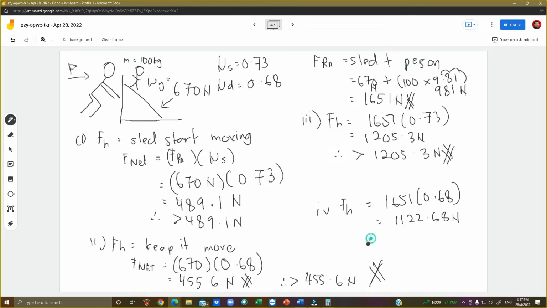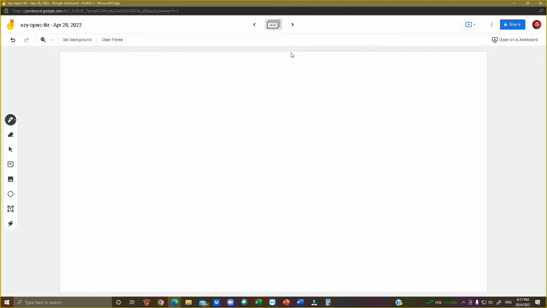So the answer will be more than 1122.68 Newton. This is how we use the coefficient of friction, both static and dynamic. First you need to find the net force within the system, and then we can solve the issues that arise.